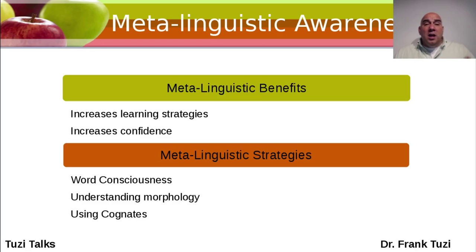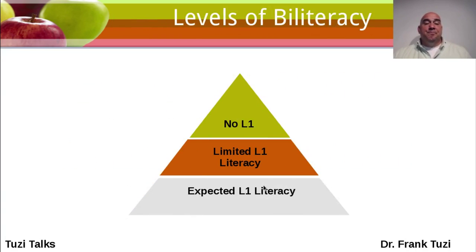They can start code switching back and forth. That's a big plus. Using cognates would be another one, where they get to see multiple words that have the same meaning, and so that's going to be another strategy for them. So being biliterate is going to enable them to have more strategies and some benefits because they have those two languages.